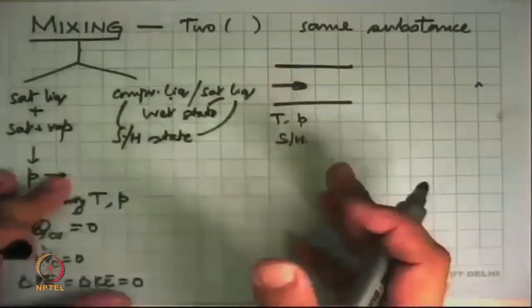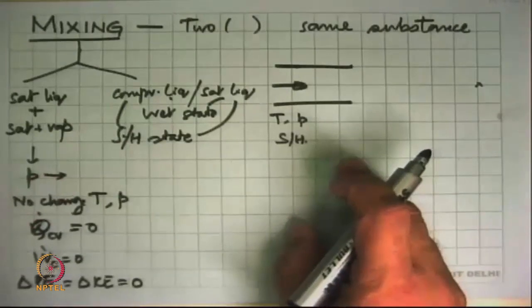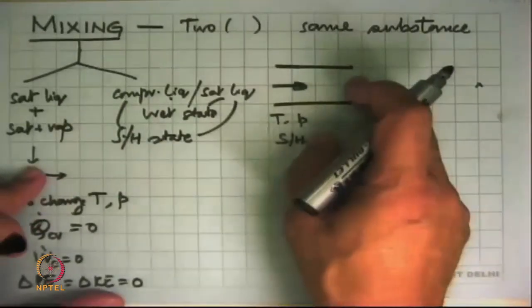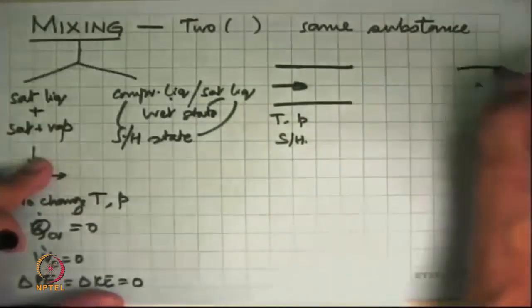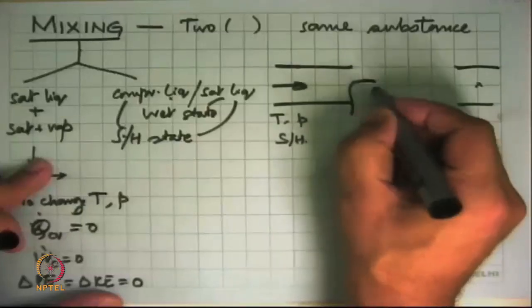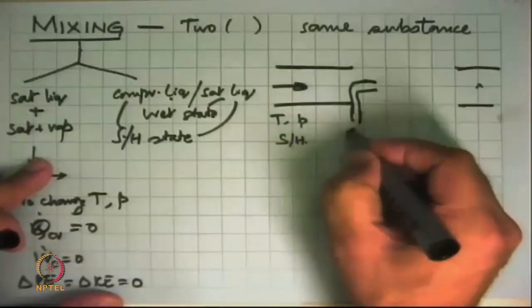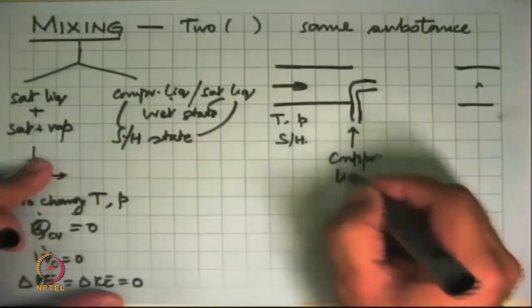Then the only option left is that it should lose heat to something else, or we should mix something cold with it. So what one does is, if we have superheated steam here and we want to reduce its temperature by a small amount, through another pipe, we put in compressed liquid at a lower temperature.